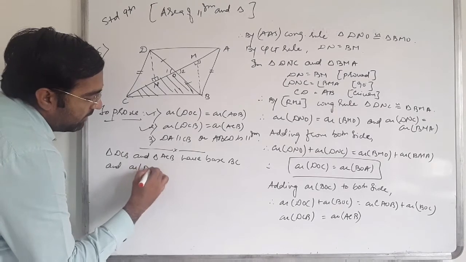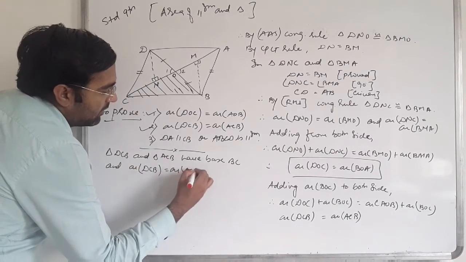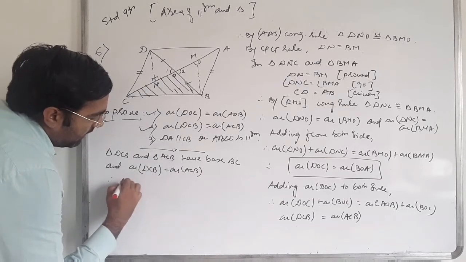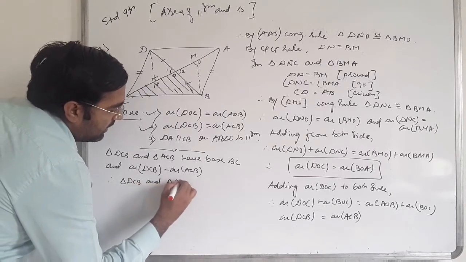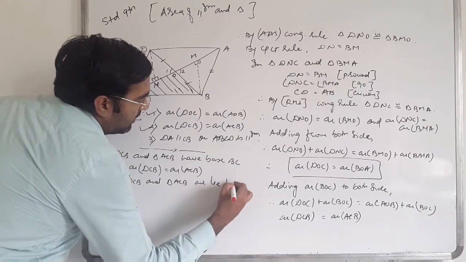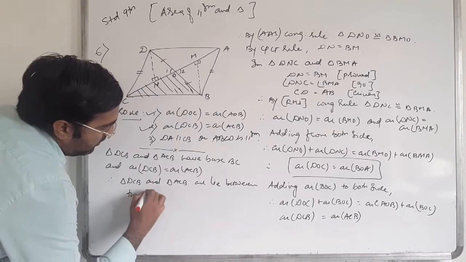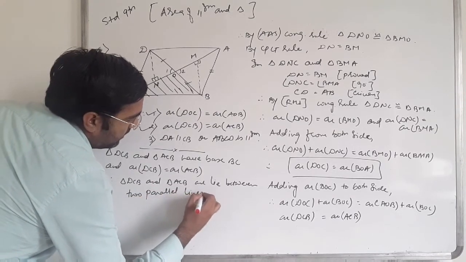Area of DCB is equal to the area of ACB. So therefore triangle DCB and triangle ACB lie between two parallel lines.